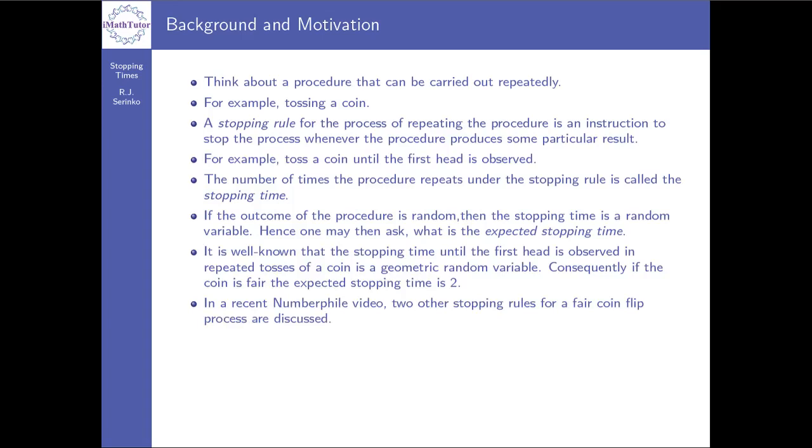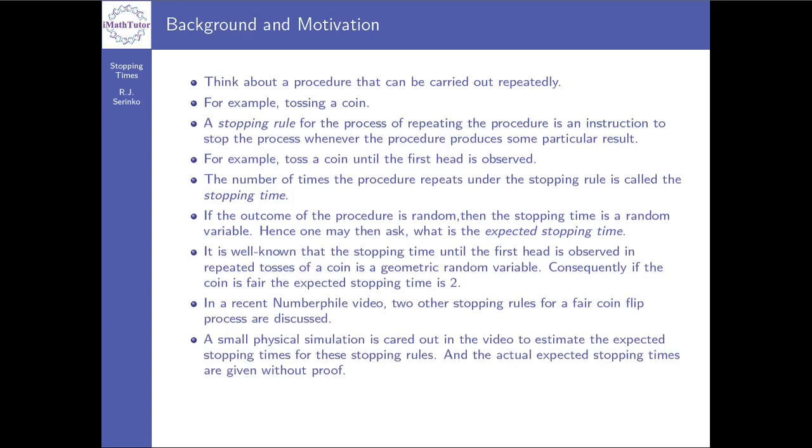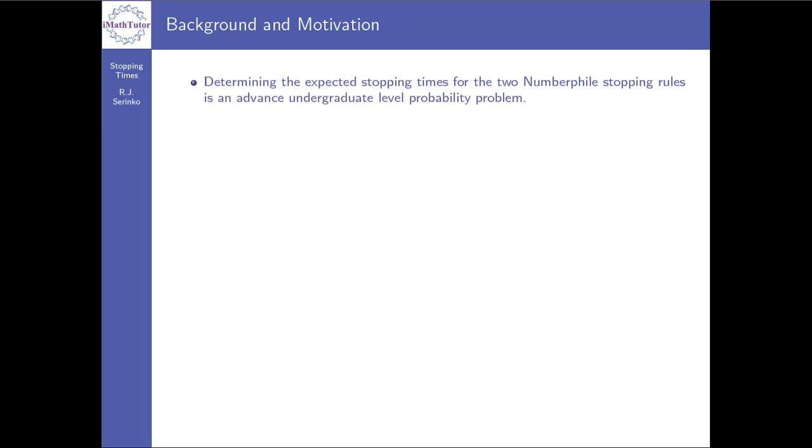In a recent Numberphile video, 2 other stopping rules for a fair coin flip process are discussed. A small physical simulation is carried out in the video to estimate the expected stopping times for these stopping rules, and the actual expected stopping times are given without proof. Determining the expected stopping times for the 2 Numberphile stopping rules is an advanced undergraduate level probability problem, such as one that might be found in Sheldon Ross's book, A First Course in Probability.